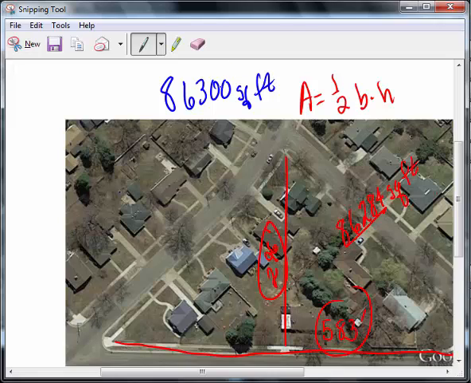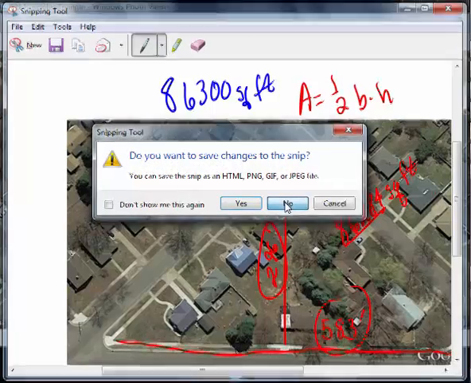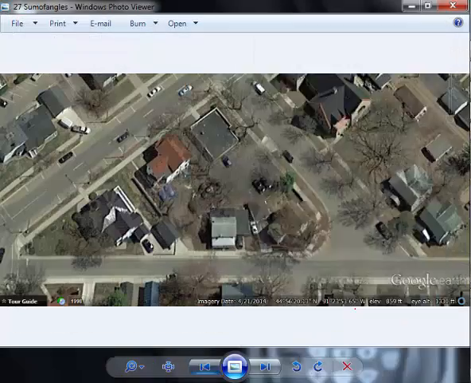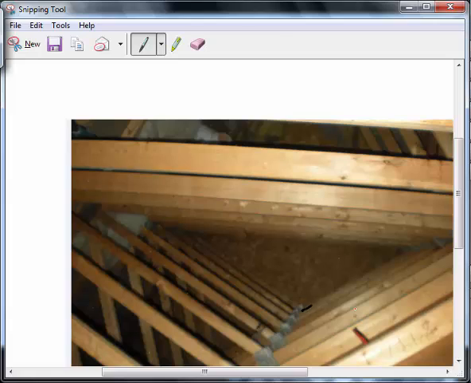Next one. Find the area of this triangle. Here's number 3. To do it, I've got to kind of flip my triangle over. Okay, so here is the base of our triangle. Sorry about that.